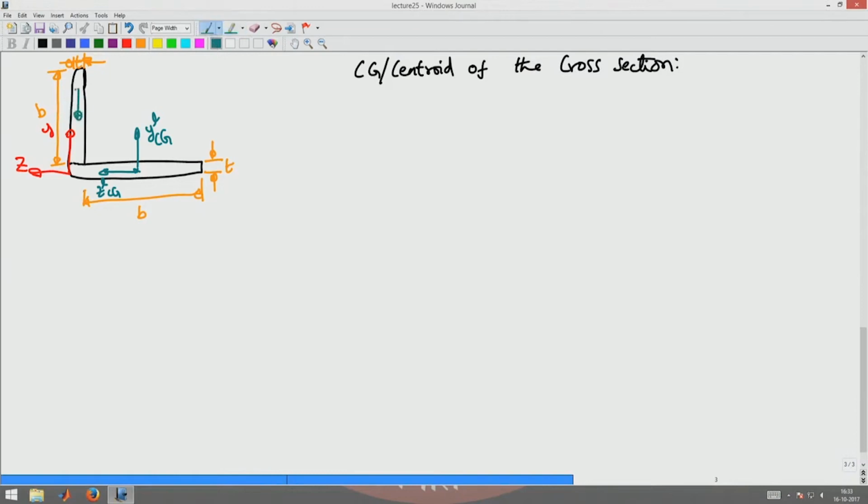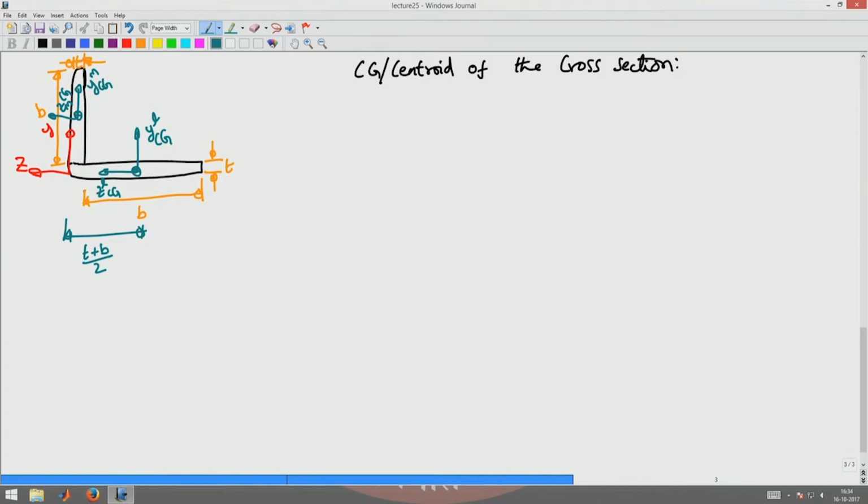Let us say this is y web CG, z web CG. The distance of the centroid of this leg from this end would be T plus B by 2, right.